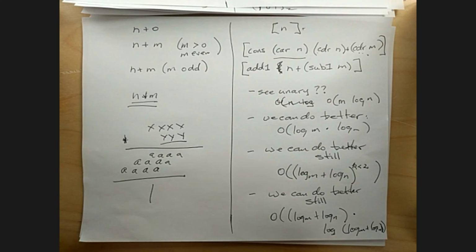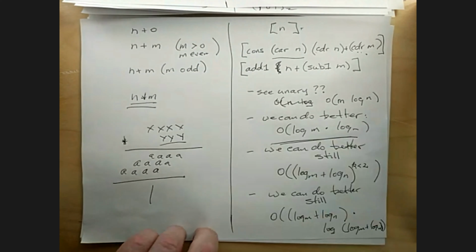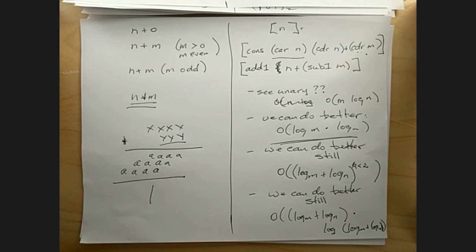So if you can figure out a way to make elementary school long multiplication work in log m times log n steps... It turns out you can do better than that.